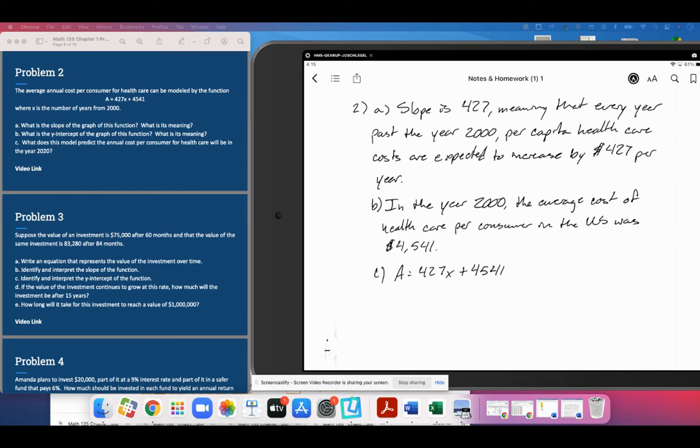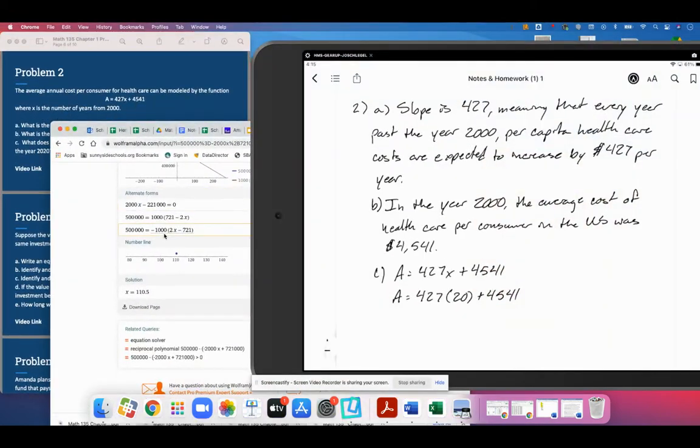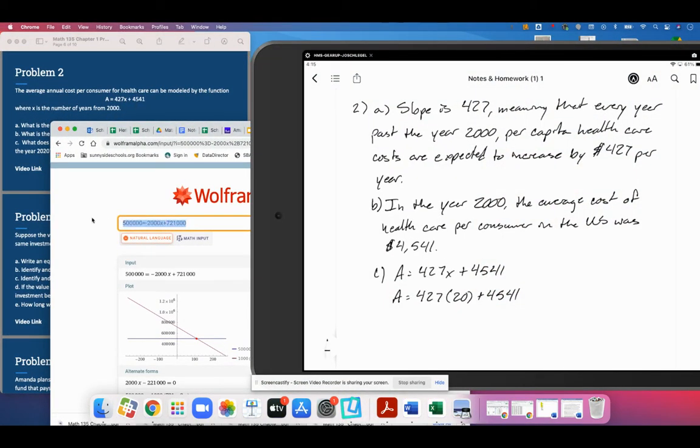And we need to put 20 in for x because this is based off of the year 2000, and 2020 is 20 years later than the year 2000. So there we go. We can give that right to Wolfram and see what we get. So 427 times 20 plus 4541.